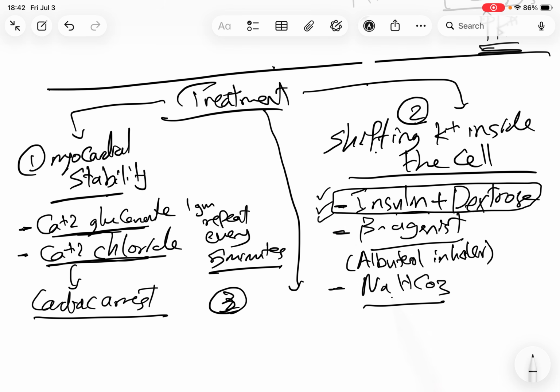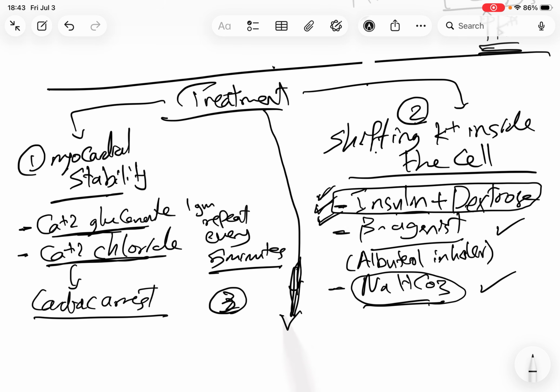Beta agonist can help, sodium bicarb can help because it treats acidosis or decreases the hydrogen ions outside the cell. So this will bring more hydrogen ions outside the cell, and as a reflex, the potassium will go inside the cell. But this one is okay, but really the reliable one is the insulin.